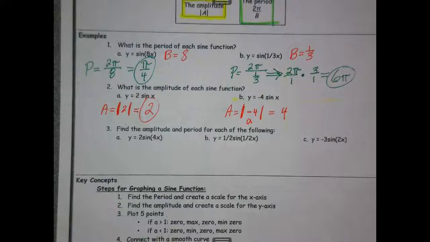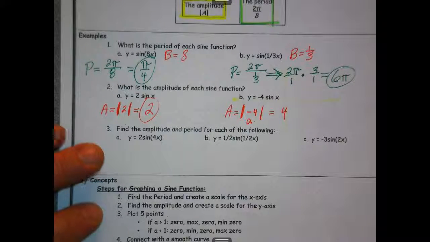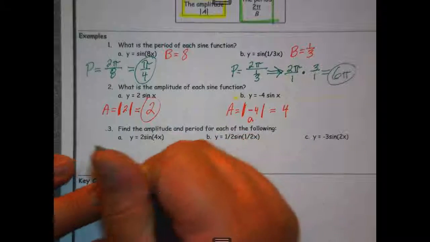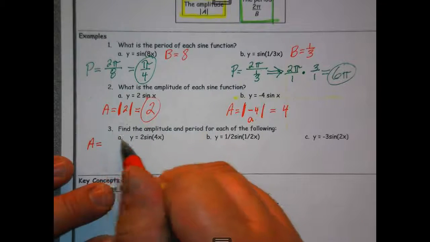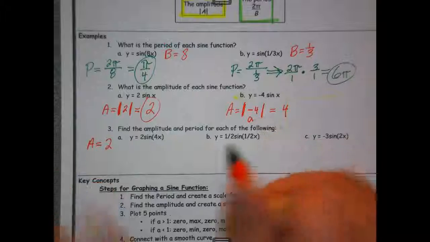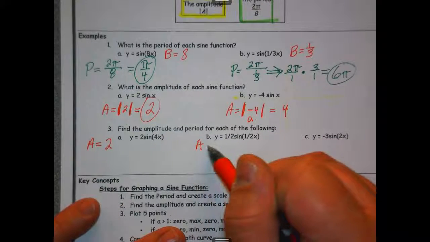All right, number 3, find the amplitude and the period. Okay, what's the period? Amplitudes are easy, right? What's the amplitude for number 1? 3a, 2. What's the amplitude for 3b?